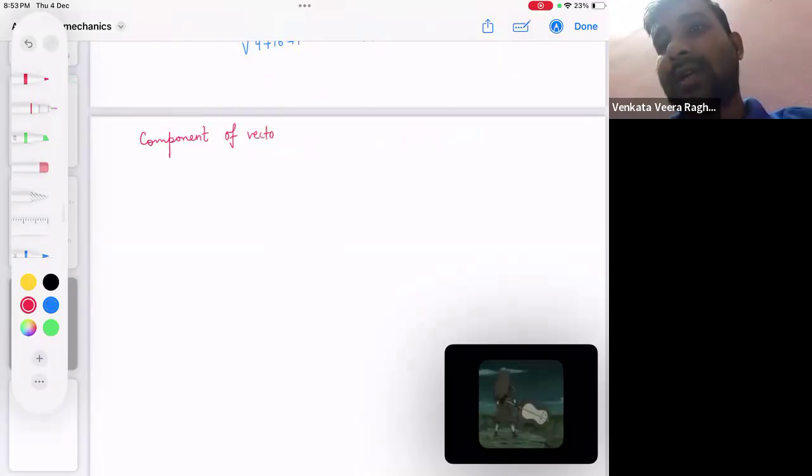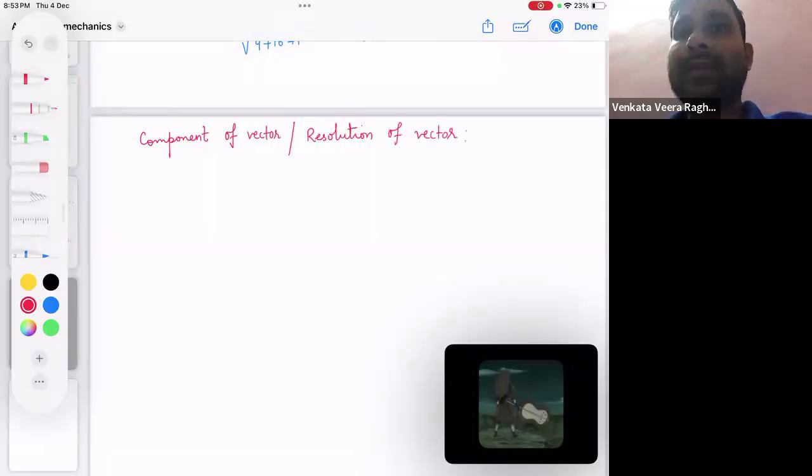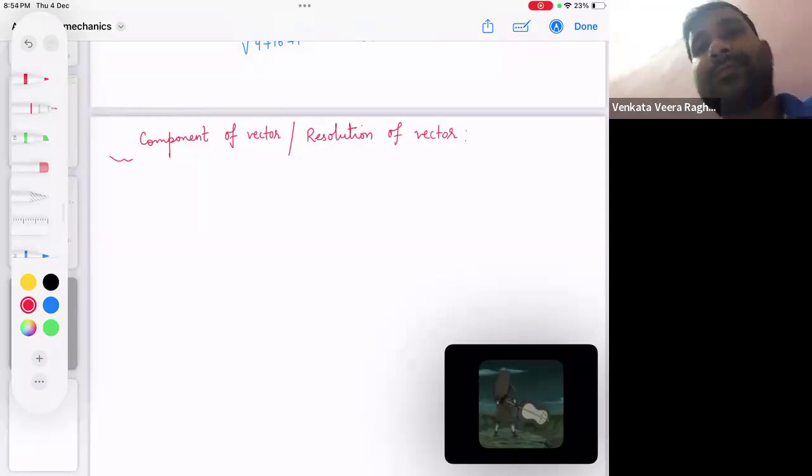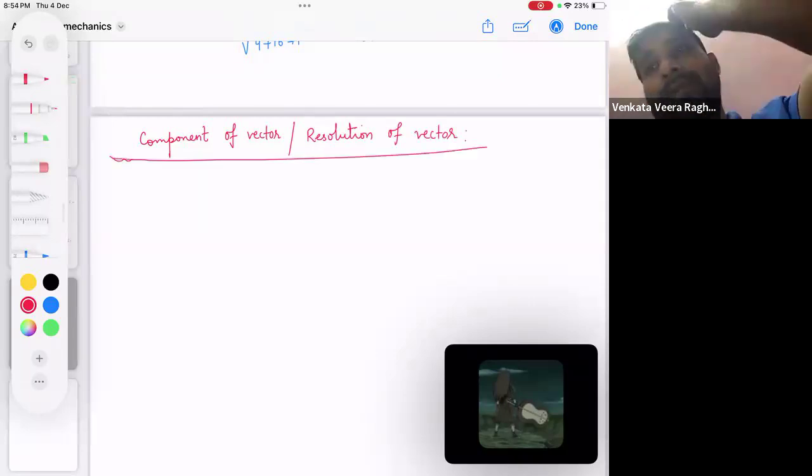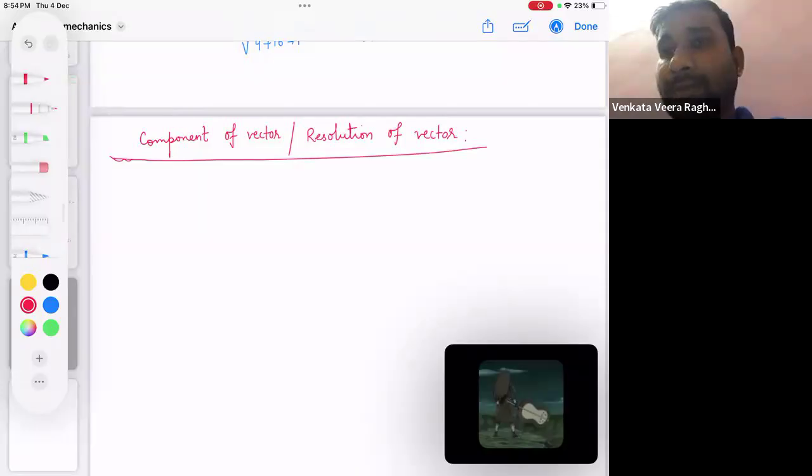It is called the component of vector, or what is the other name? Resolution of vector. So the component of vector, or we can also call it the resolution of vector.